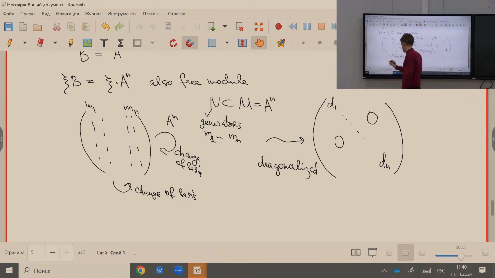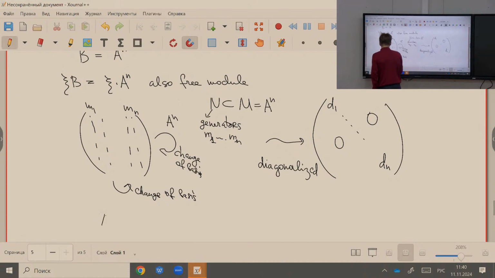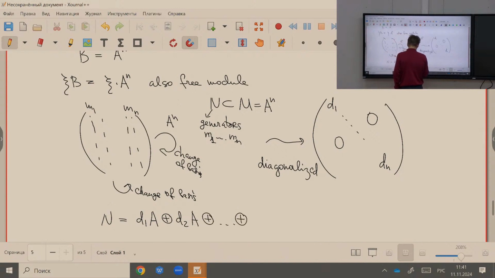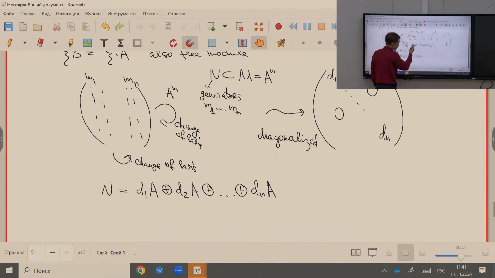So the submodule is actually the sum of the standard copies d_1 A plus d_2 A, etc. And when you take the quotient, of course, there is also some kind of divisibility property about this fact. This is a result of the algorithm.